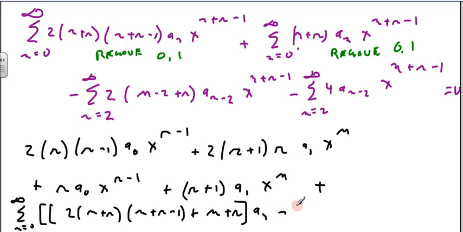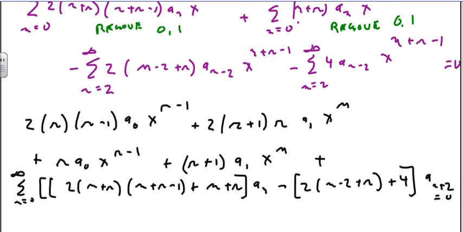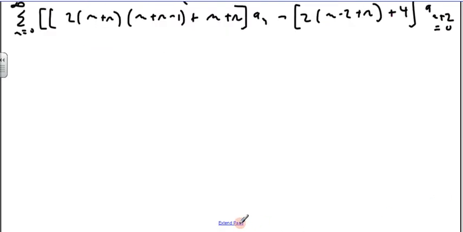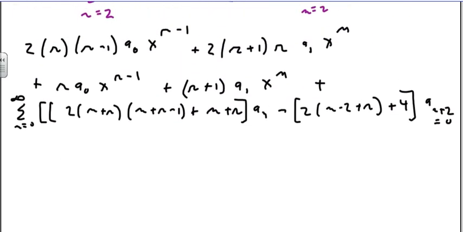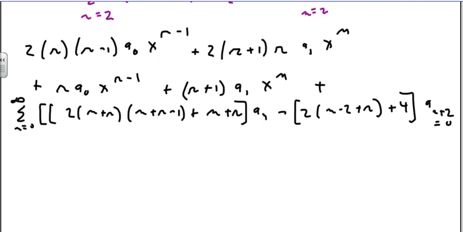Then I've got minus 2(n minus 2 plus r), plus 4. See, there's a minus sign there, a minus sign there. It's sitting here, and that's why I can do that. a n minus 2 is equal to 0.